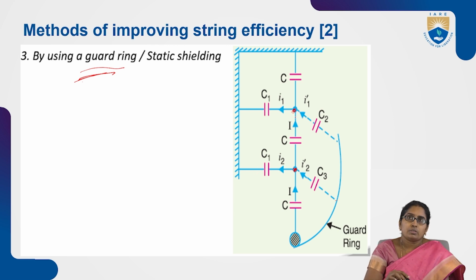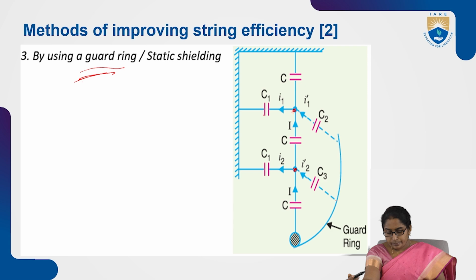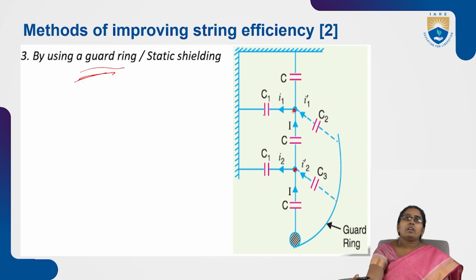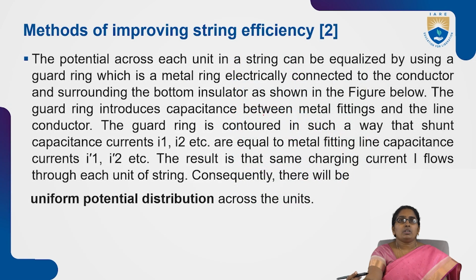Similarly, here the new capacitance C2 nullifies the shunt capacitance C1 value. That is how the guard ring makes the voltage distribution uniform. Finally, we will get good efficiency of the string. So these are the points mentioned.